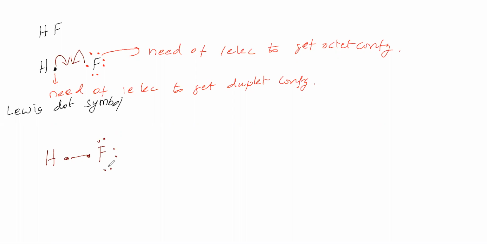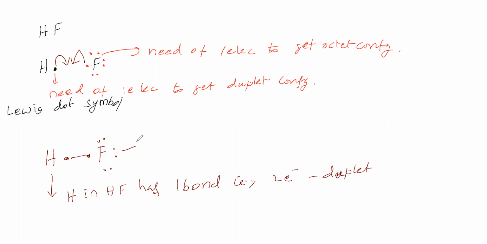Now this hydrogen in HF has one covalent bond, that is 2 electrons, which means duplet configuration. Now this fluorine in HF has one bond, and one bond means 2 electrons.